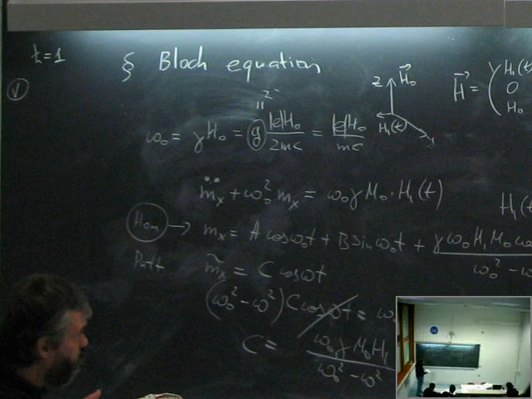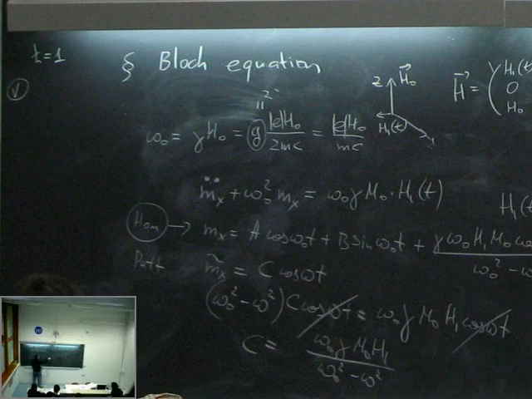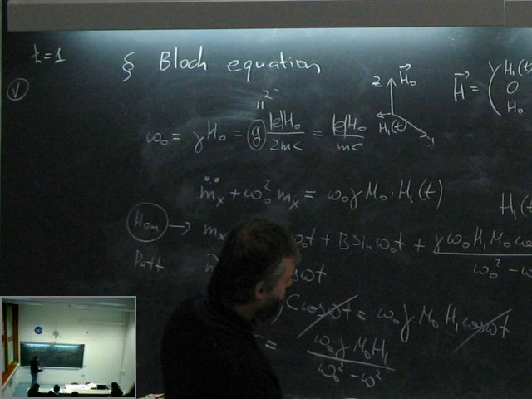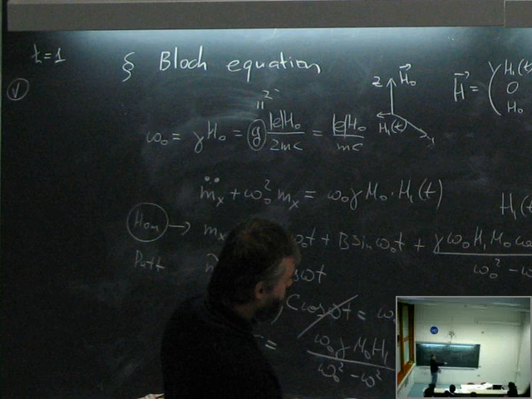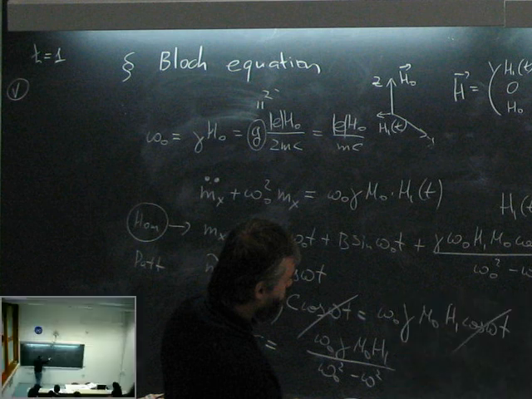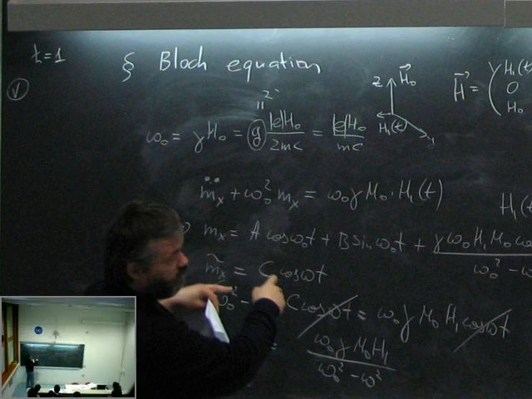But what I'm going to tell you now is, look, we have applied an AC magnetic field in the x direction. And what we see here is nothing but susceptibility. Because in linear response, the susceptibility is the coefficient of proportionality between the applied field in the x direction and the induced magnetization.